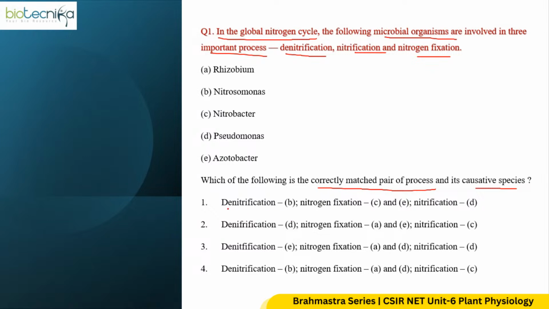Who are denitrifiers? Who are nitrogen fixers? Who are causing the nitrification process? Every stage has its own unique microorganisms. Joshna also came up with the answer. Is there anyone else who would like to answer this question?